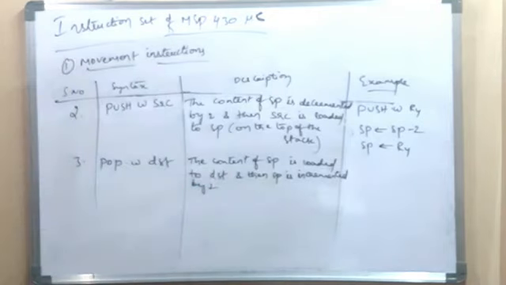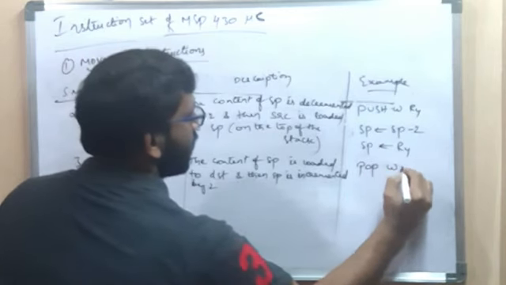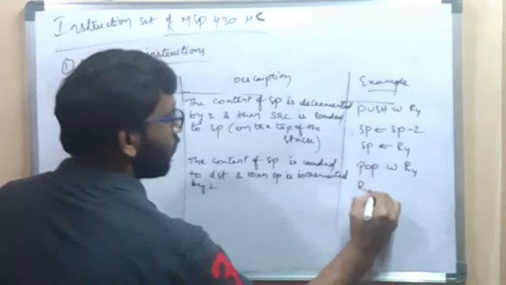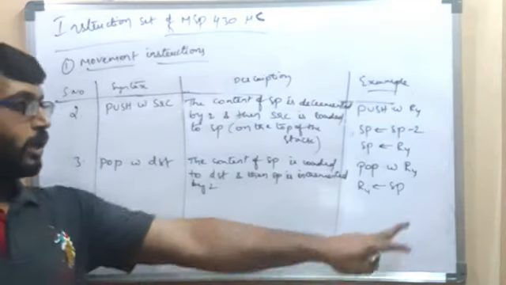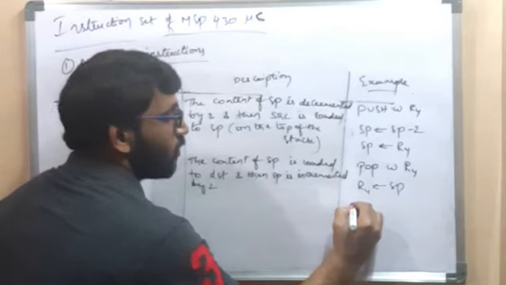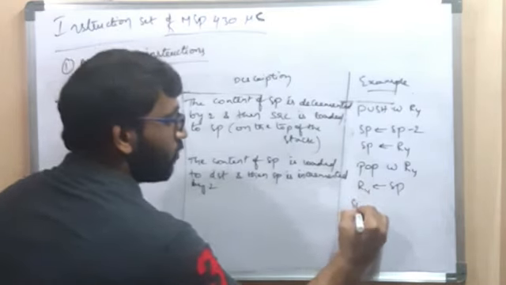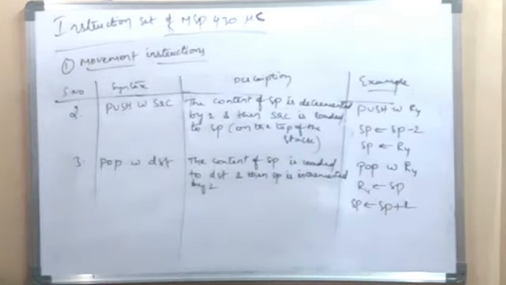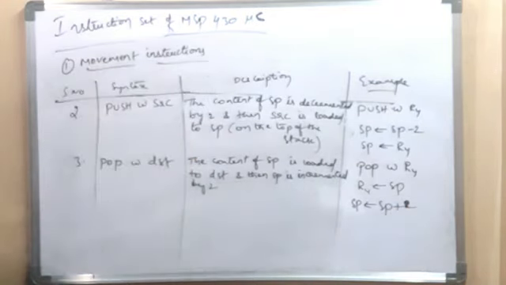If you take the example, pop dot w R4. So R4 implies SP. So the content of SP is loaded to destination, and then SP implies SP plus 2. Right?